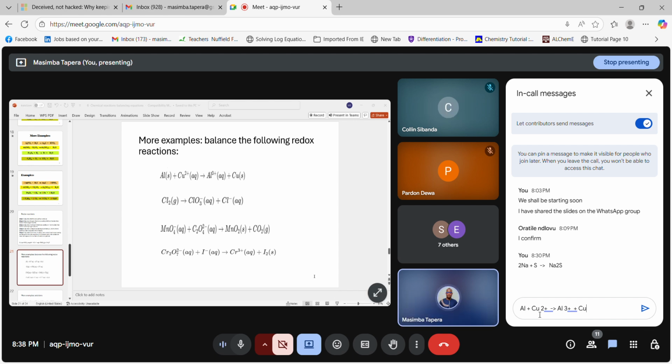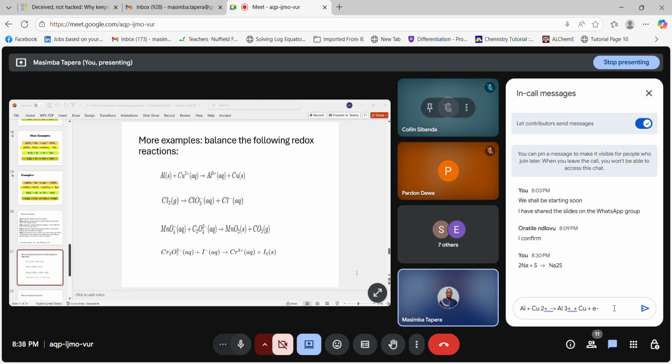How do we balance them? We have to add electrons on the side which is not balanced. Here we put an electron like this.